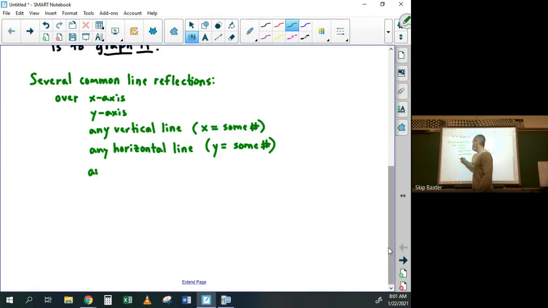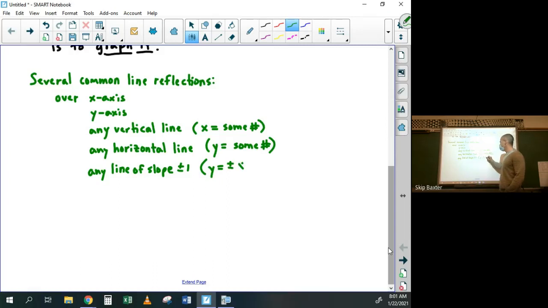Over any line of slope plus or minus 1. So this would be an equation that looks like y equals plus or minus x plus b.